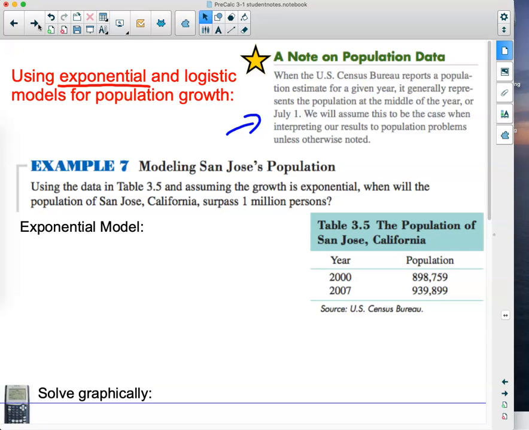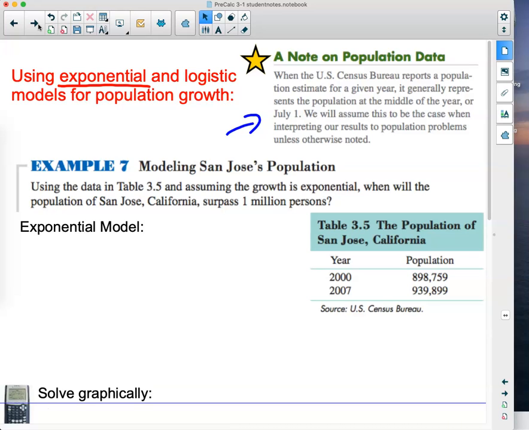gives us a really big piece of information about the census. So a note on population. It says when the U.S. Census Bureau reports a population estimate for a given year, it generally represents the population at the middle of the year, which is July 1st. We will assume this to be the case when interpreting our results to population problems unless otherwise noted. So then you start to think, well, wait a second, that's halfway through the year.